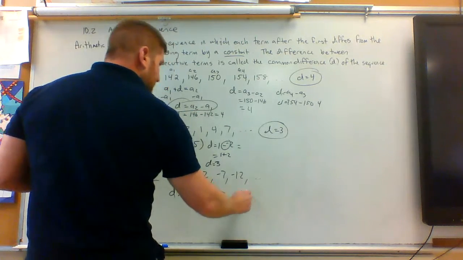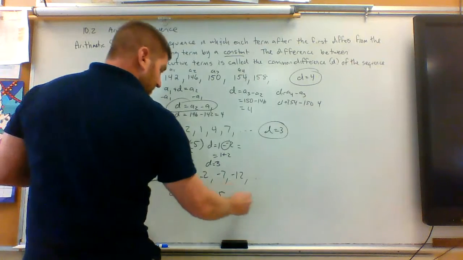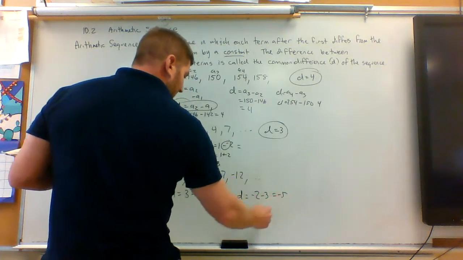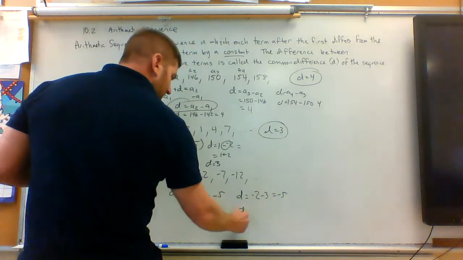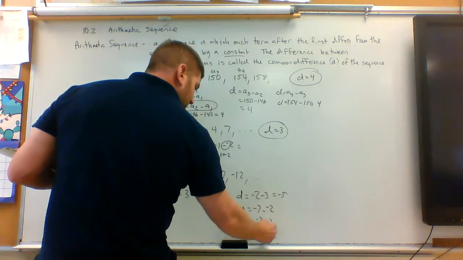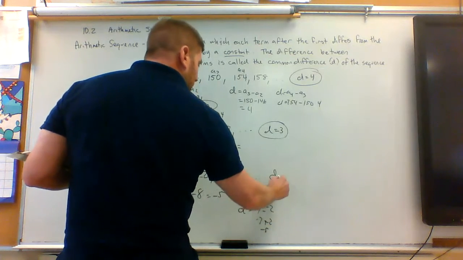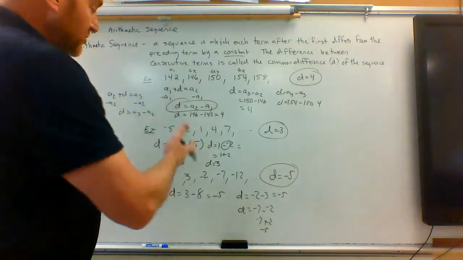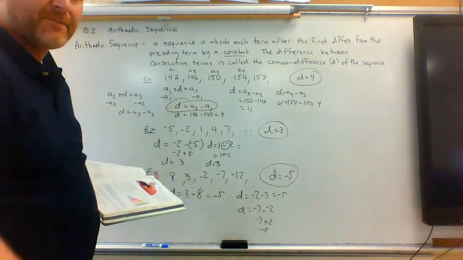What is your third term minus your second term? -7 minus -2, well, that's -7 plus 2, which is also -5. So here we have a common difference that is negative, which really means you're subtracting 5 to get to the next term.